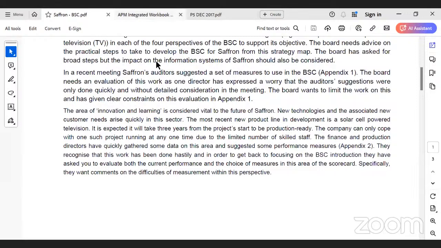Right. Innovation and learning is considered vital to the future of Saffron. New technologies and new customer needs arise quickly in this sector.